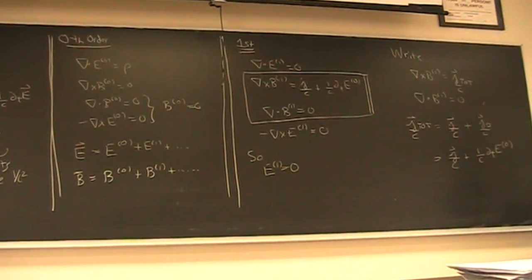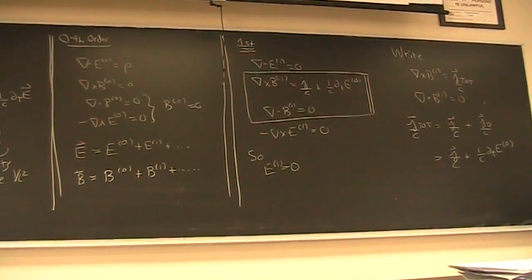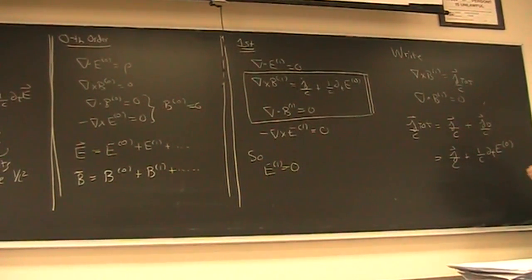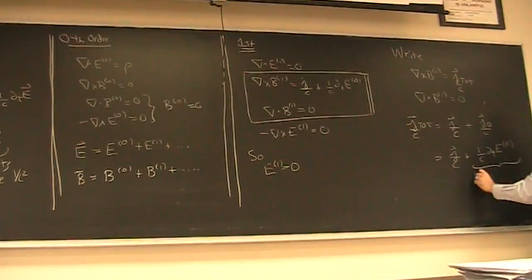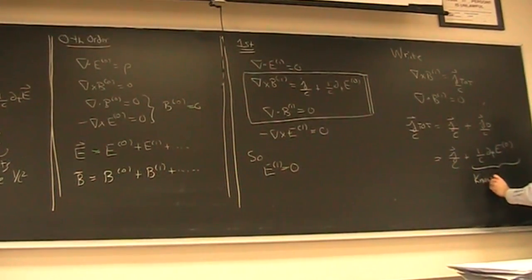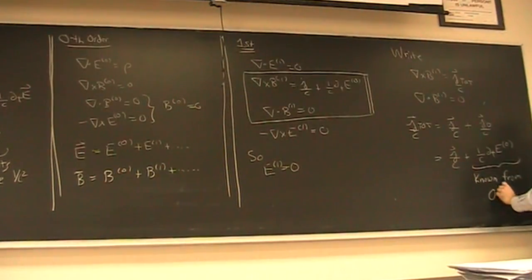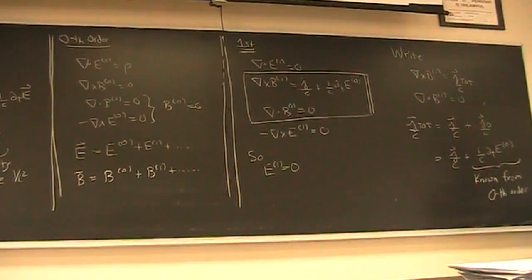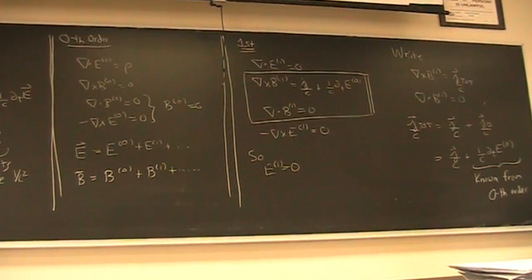Okay? And if you think about it, the currents are specified, and the charges are specified. So this is a known function, known from 0. So first you're supposed to find the charges as a function of time.